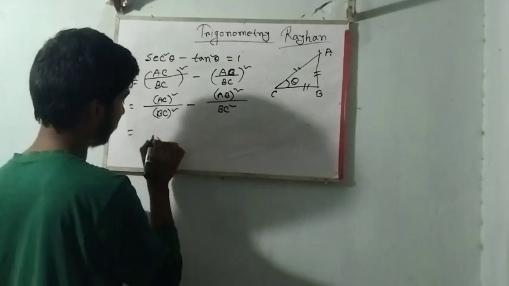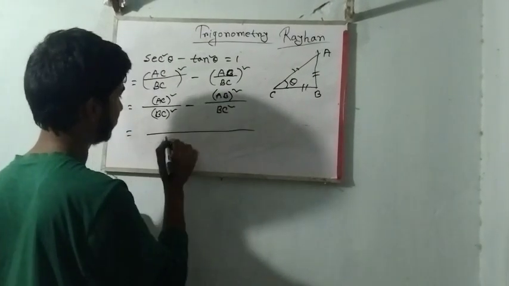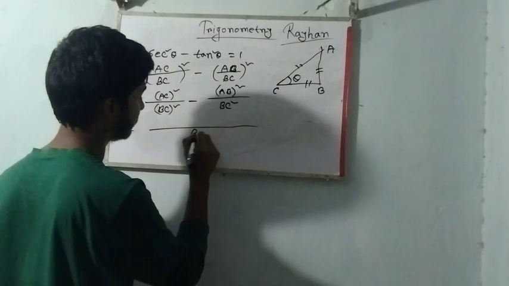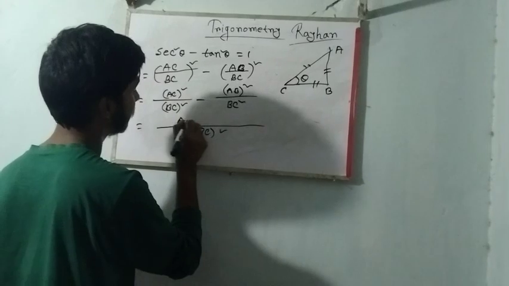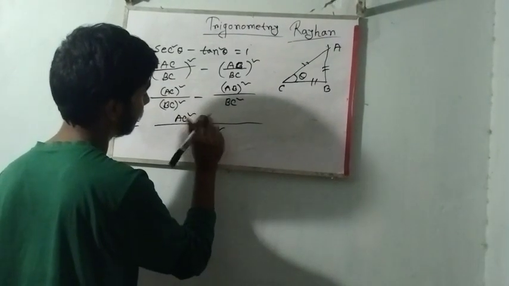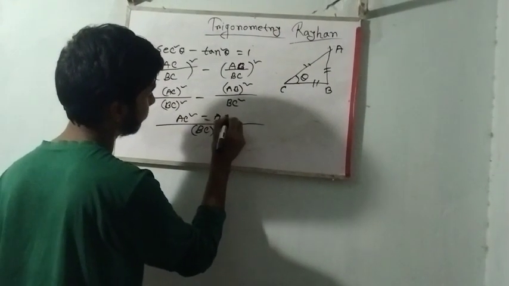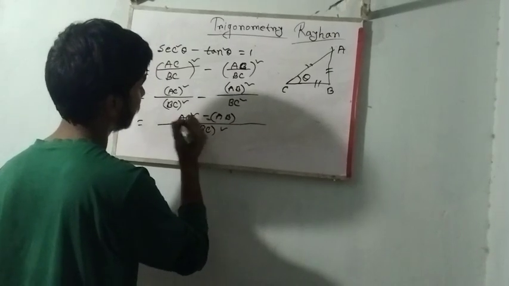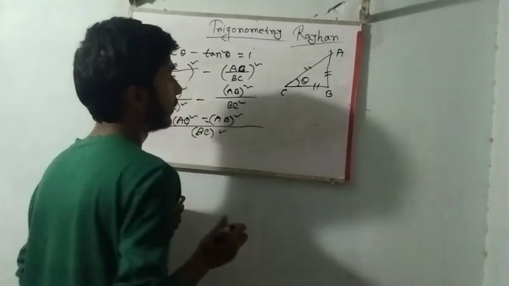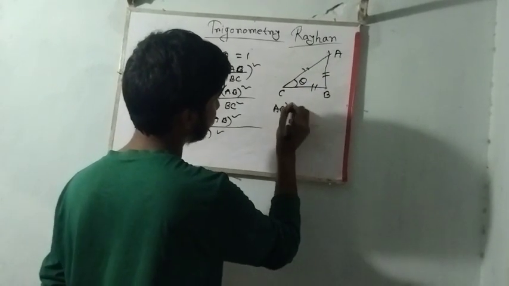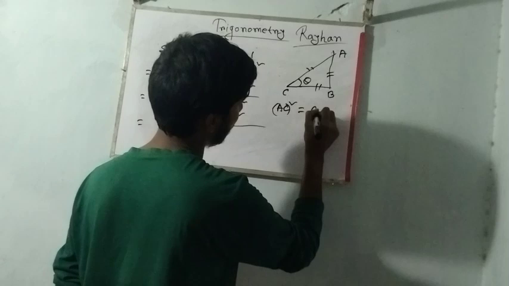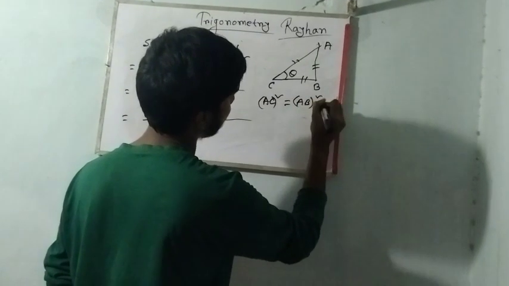If we take the lowest common multiple of this partial fraction, BC square, the calculation will be AC square minus AB square. And according to the Pythagorean theorem, this is called h square is equal to p square plus b square.